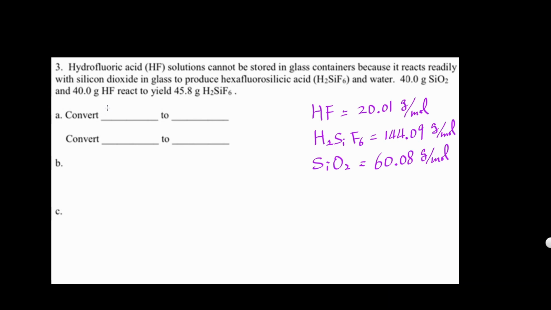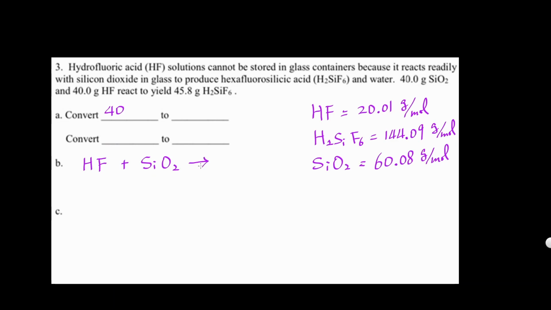Well, we have two reactants, so let's write the first reactant, 40. You know what? I think it's better to do part B first, which is writing out the whole reaction. Okay, so we have HF reacting with the other reactant, SiO2.